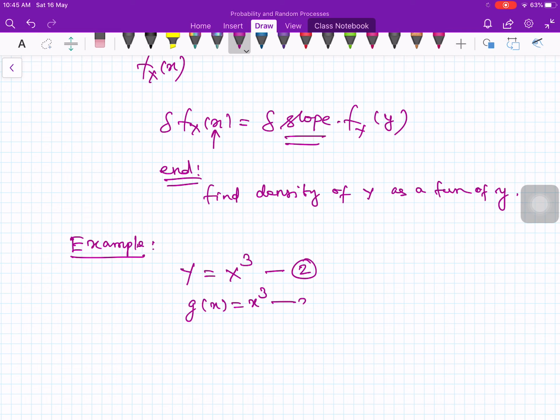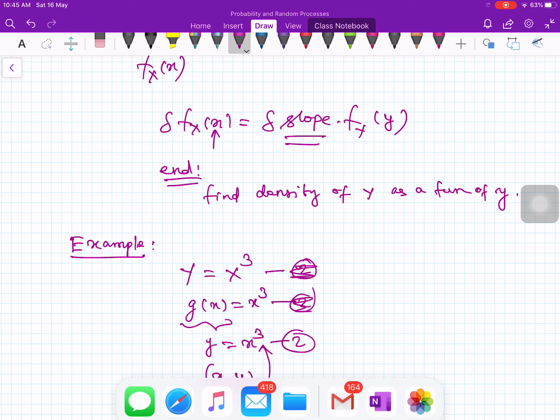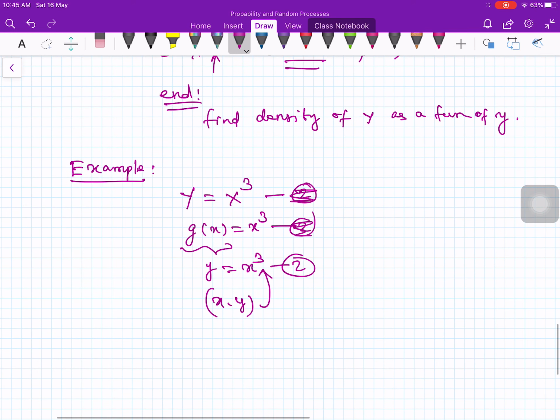If x cubed is equal to a little y, if you have a pair of x's and y's that are related this way, this also let me call equation number 2. Then this means that x is going to be the cubic root of y. Then x is equal to the cubic root of y from equation number 2. So let me call this equation number 3.